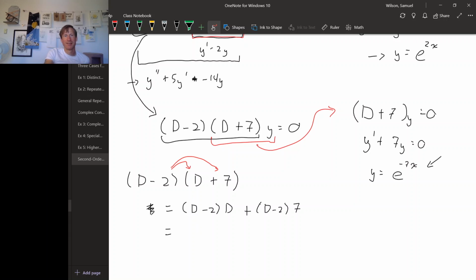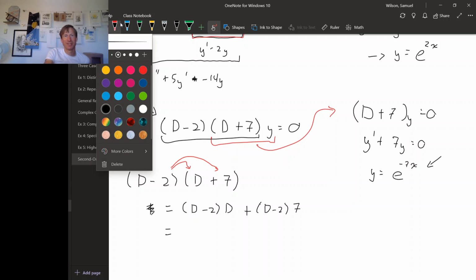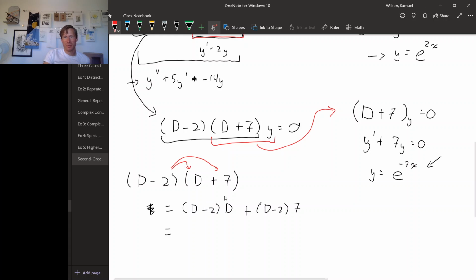But then, linear differential operators distribute, so we can actually distribute this the other way. I guess that's really the definition of a linear differential operator. So this gives us D applied to D minus 2 applied to D, plus D applied to 7, minus 2 times 7 is 14.